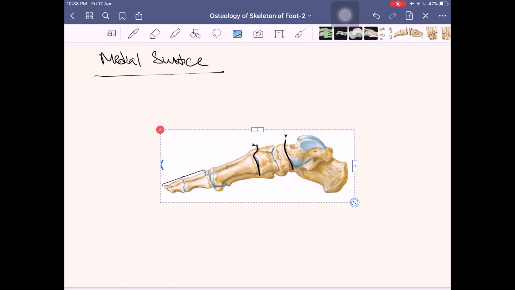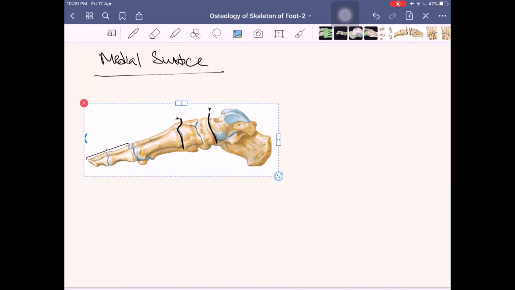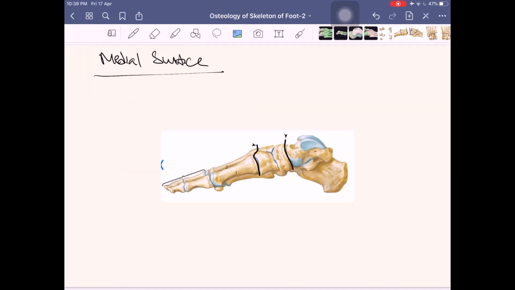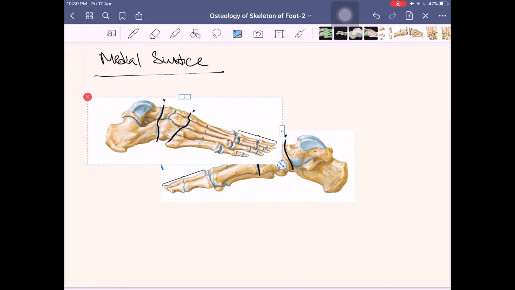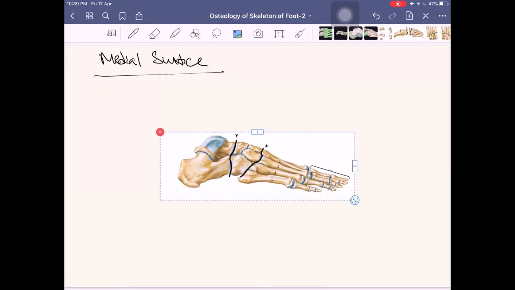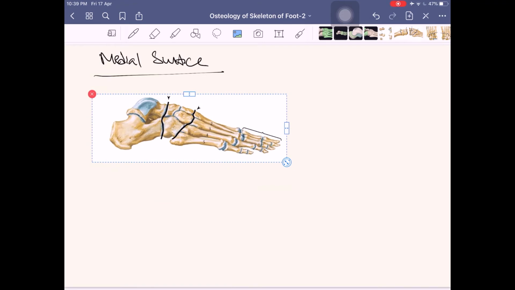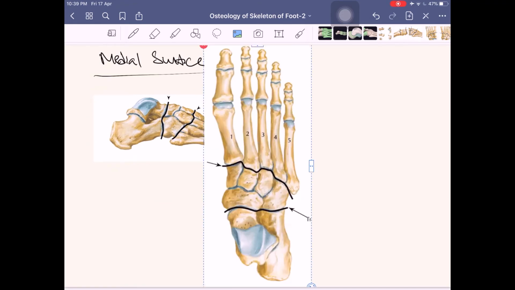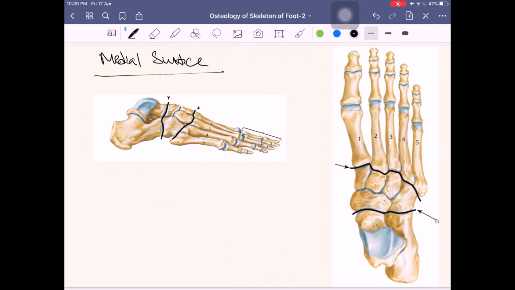And now, medial and lateral surface. First, we start with the medial surface. In this case, this is your medial surface.